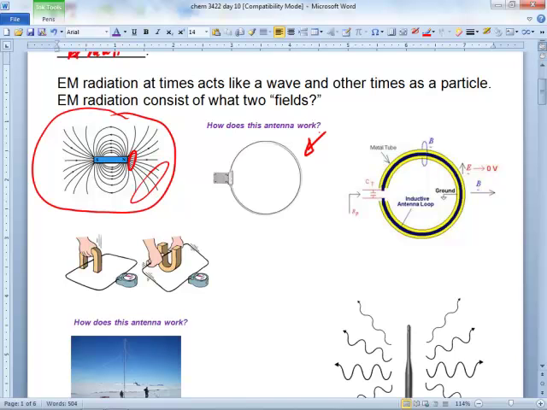Here's all the physics of it. Or you could do the "Are you smarter than a third grader" way. What is the guy holding? A magnet, right?